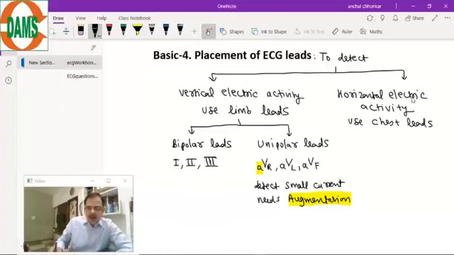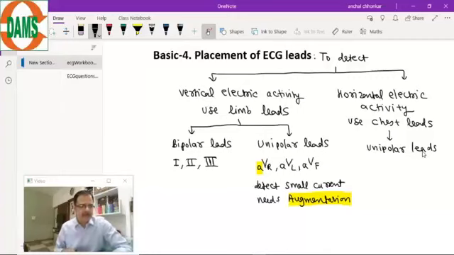Now for horizontal electrical activity, we place the electrode on the chest wall, and these are also unipolar leads. These unipolar leads are directly over the heart, so they do not need any augmentation, as they detect a large current.